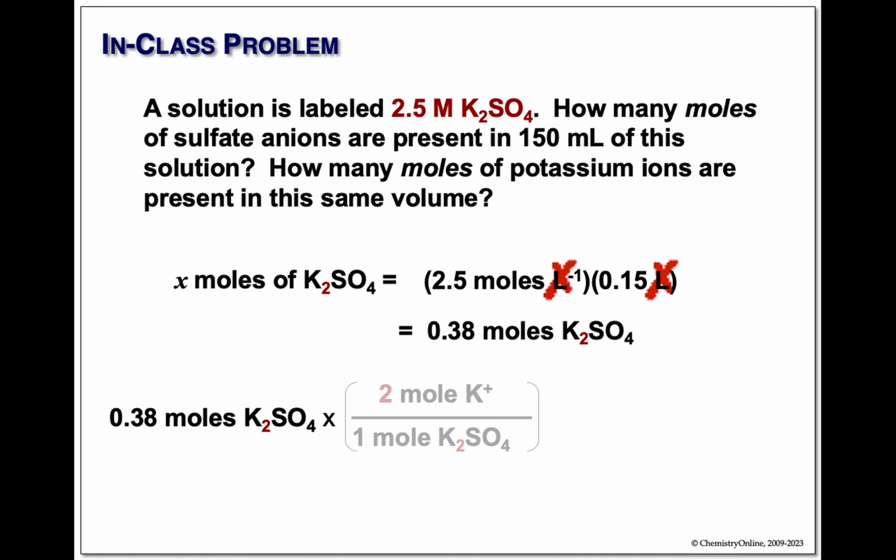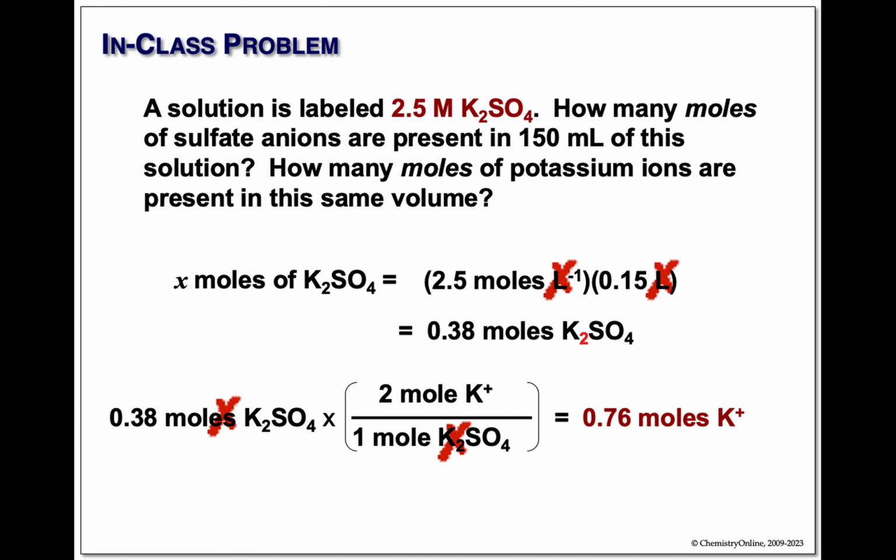So the ratio here is 2 to 1. Multiply 0.38 by 2. 0.76 moles of potassium. What this is designed to make you realize, make sure you understand, when you dissolve an ionic substance like this, everything dissociates into ions. So we have 2 potassiums for every sulfate in solution.